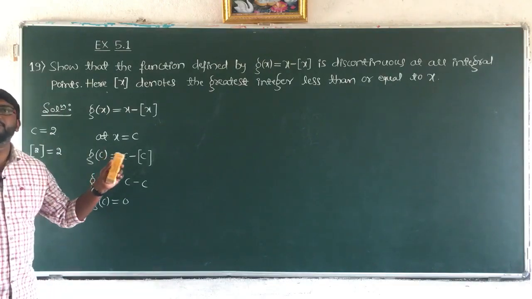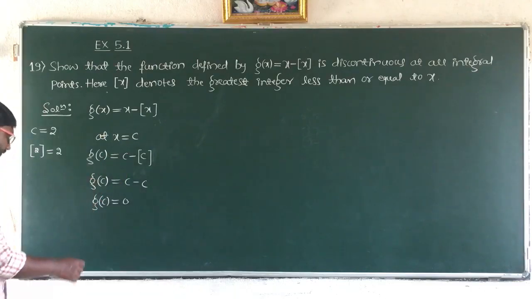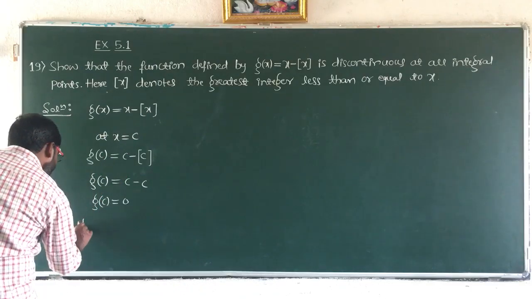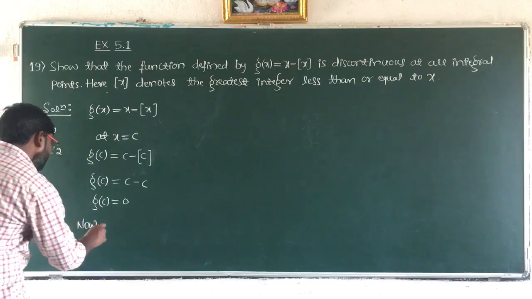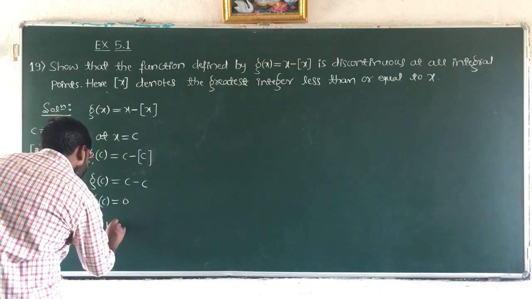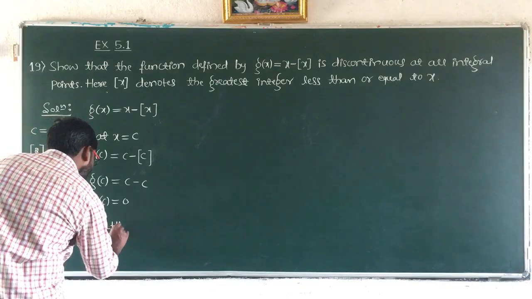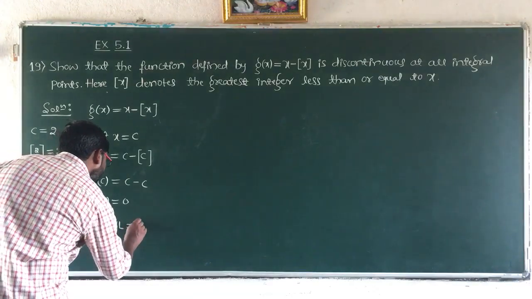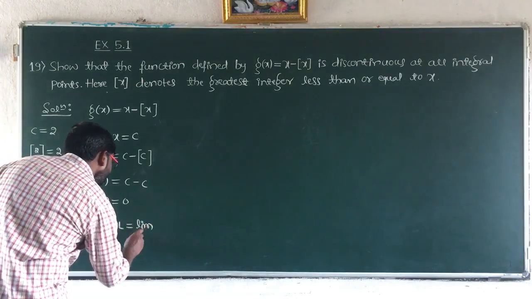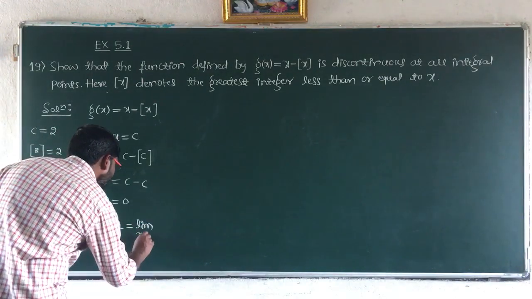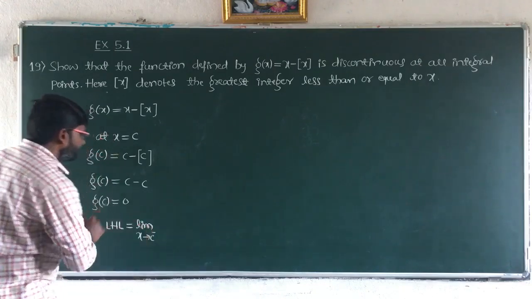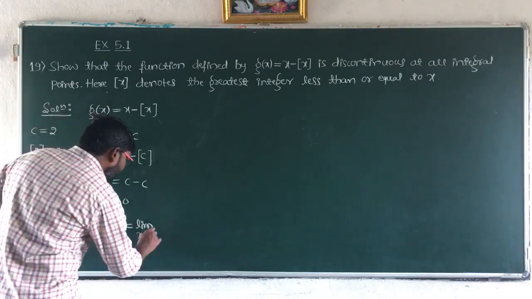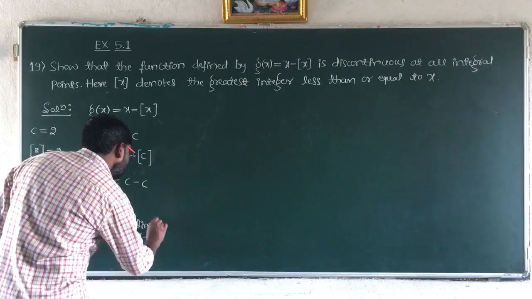So, we have got the value of the function. Next we will have to go for the left hand limit. Now LHL which is equals to limit x tends to c negative or c minus g of x.